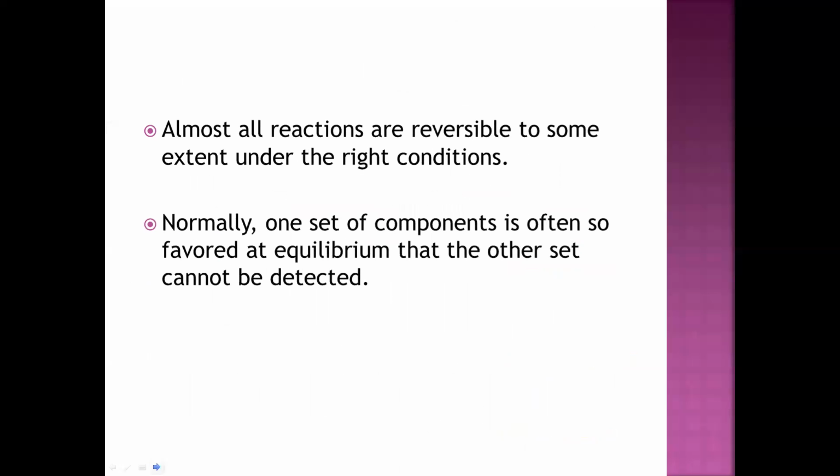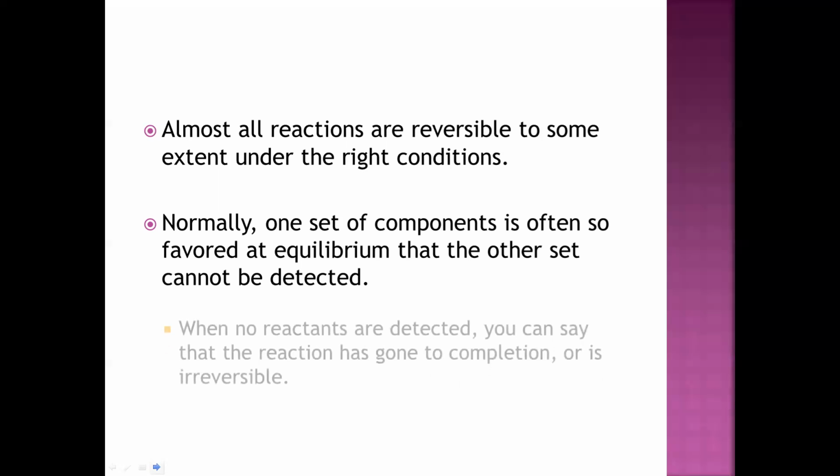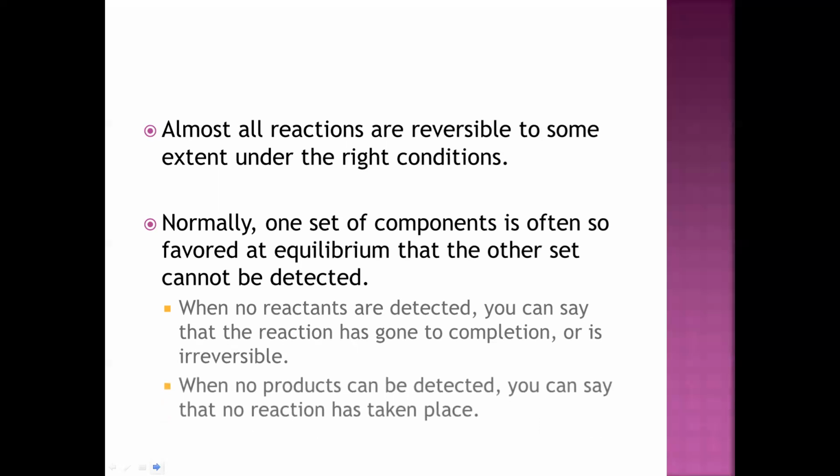Okay. So it's important to know that under almost all conditions, all reactions are reversible to some extent. You might just have to modify the conditions in order to make it happen how you want it to happen. And normally one set of components is often favored at equilibrium, so the other cannot be detected. This is why it's worked out for us all year: when you have no more reactants detected in a chemical reaction, which is what we do a lot, then we can say that the reaction has gone to completion.